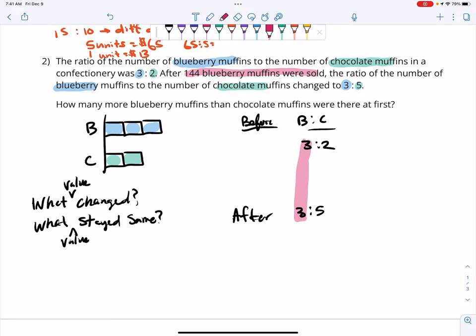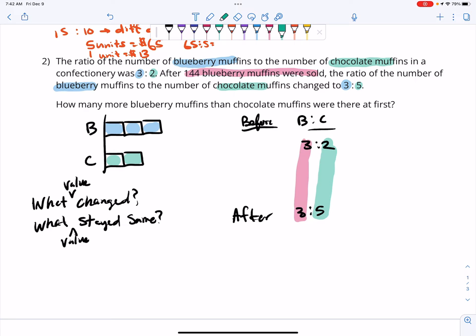And we can see that as well with our chocolate muffins because no chocolate muffins were changed, but this 2 is now a 5. We have 5 units, or a ratio of 5. So that tells me that we're going to have to do some manipulating here because if that 2 units and those 5 units are the same value, then we're going to have to do some equivalent ratios.